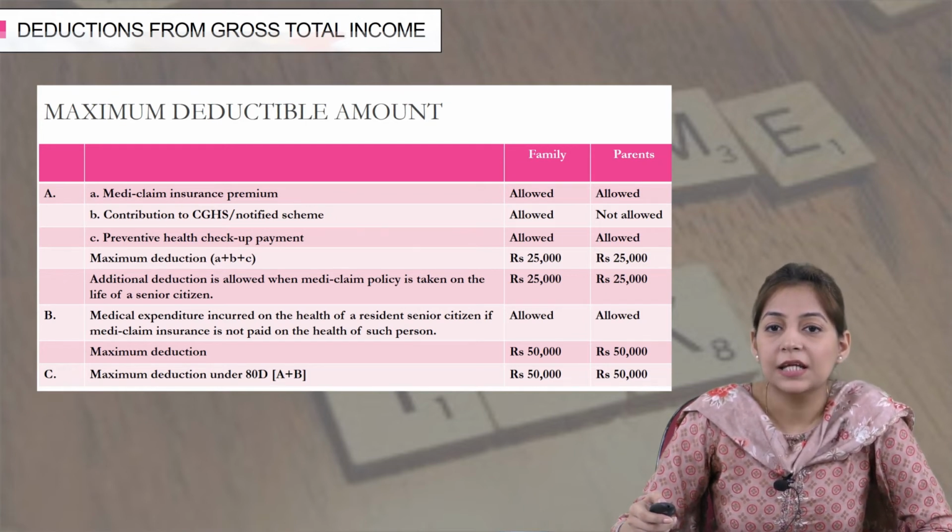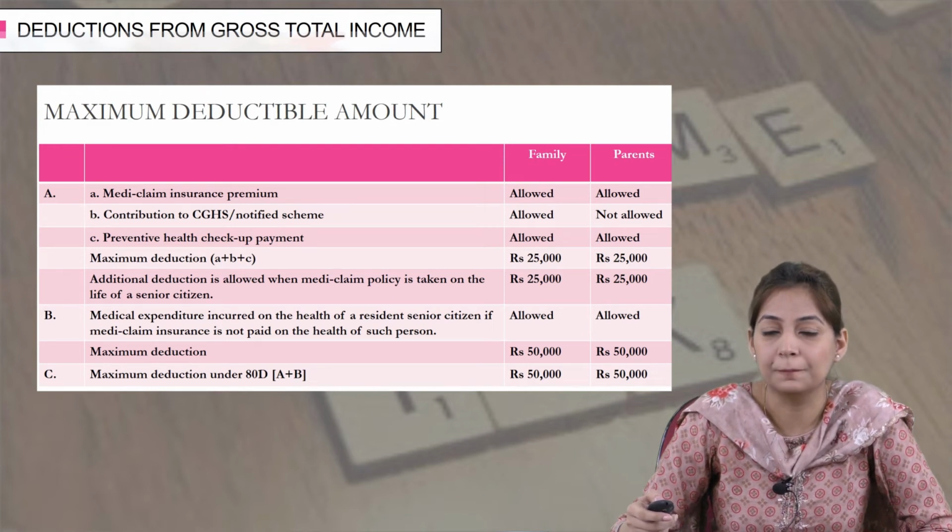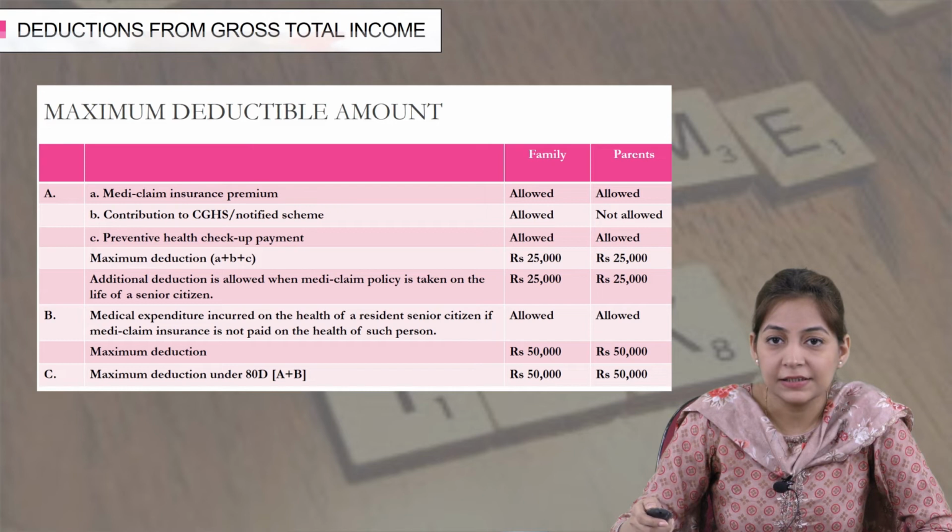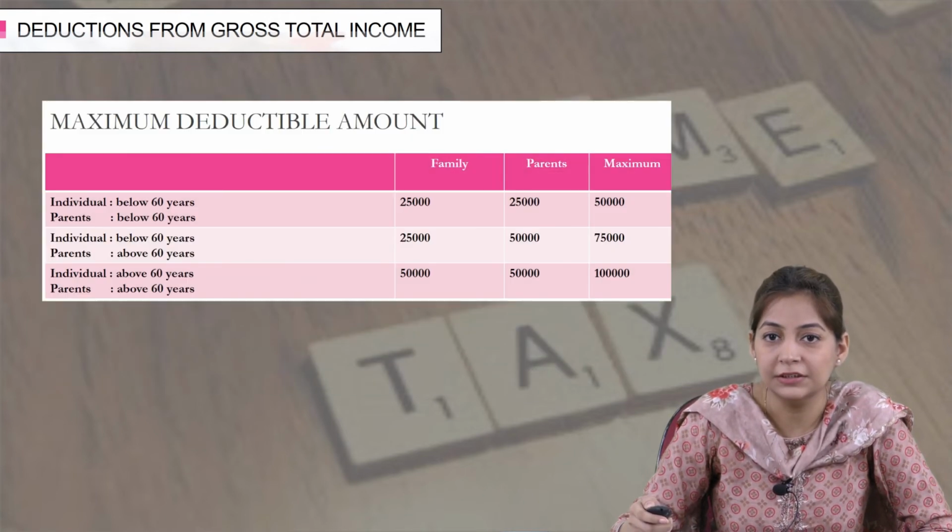Next, in the case of a senior citizen, there is an additional deduction of rupees 25,000 allowed in both the categories, that is for family as well as for parents. Fine. In the next slide, I will be discussing these deductible amounts in detail.